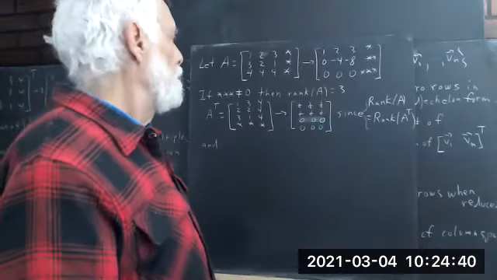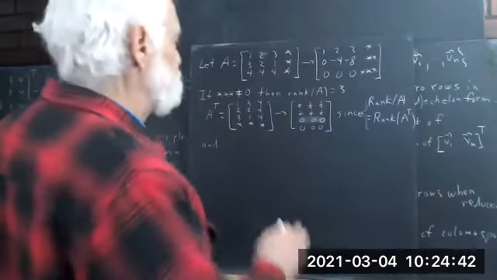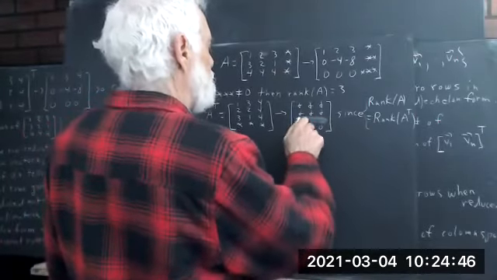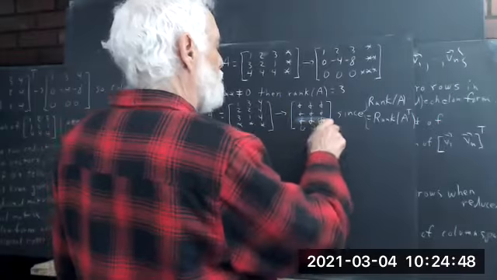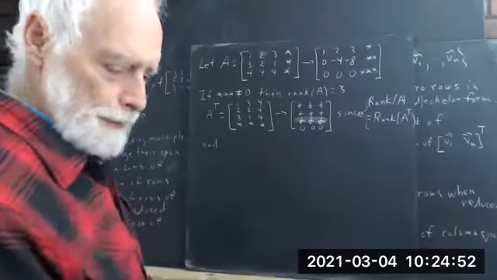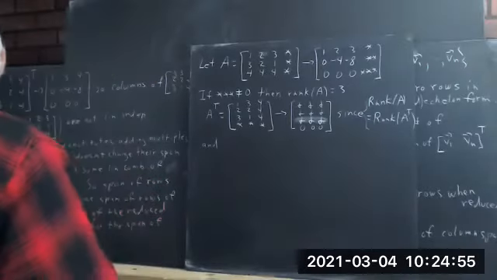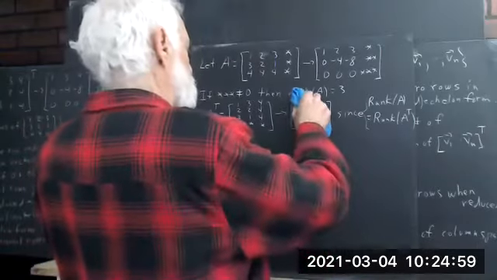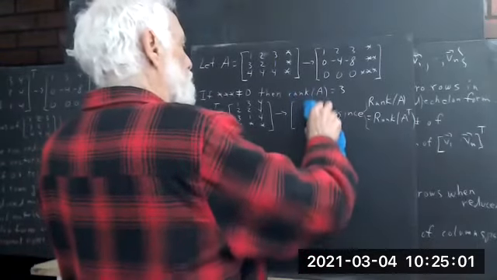Okay. Rank of A is 3. So this is a row of non-zero elements. And what I said is true.